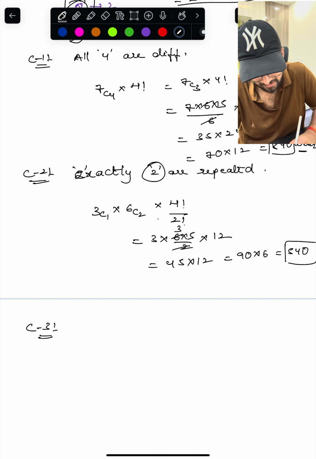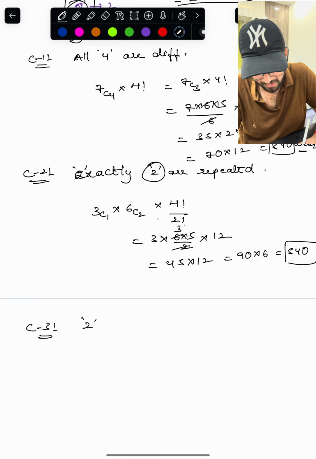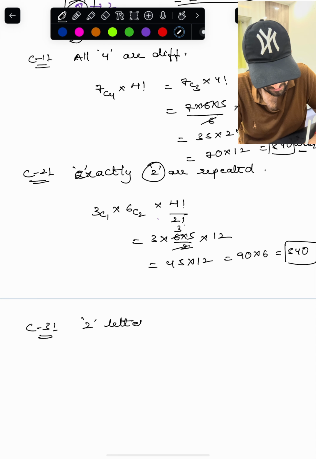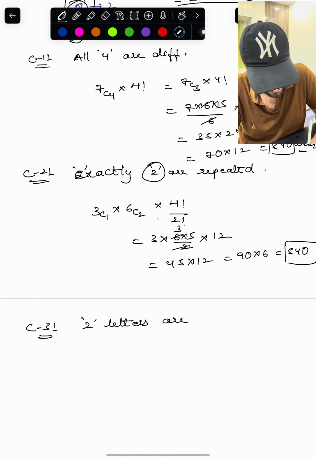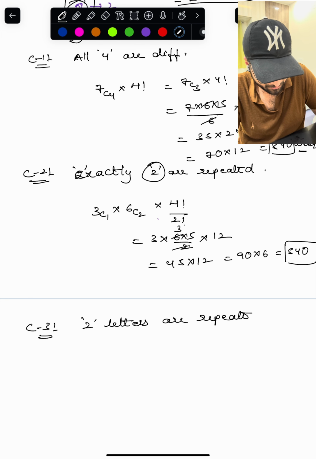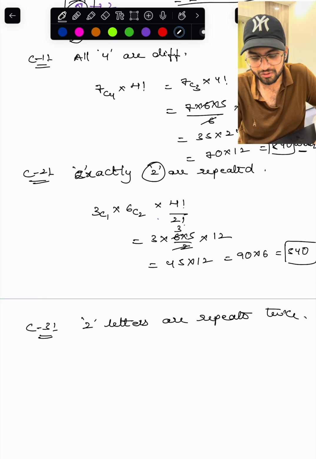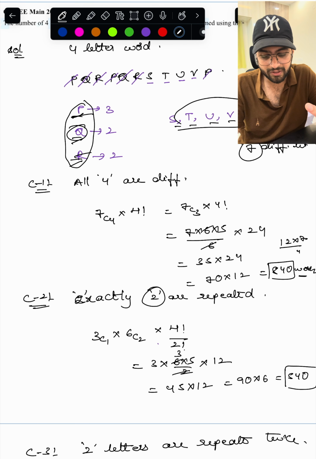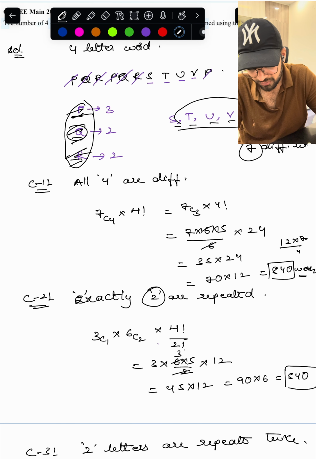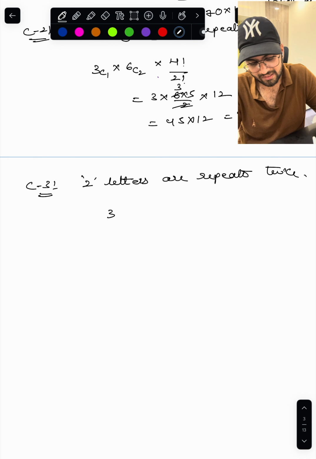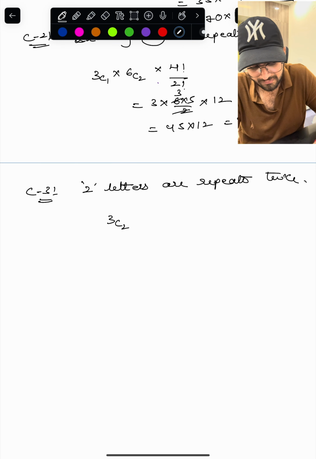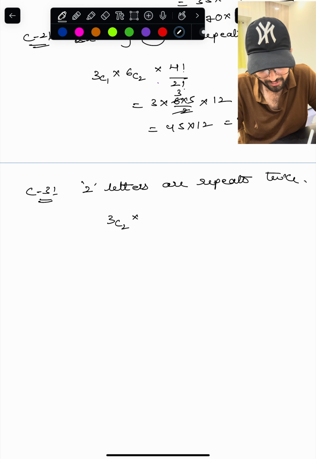Next, case 3. What is case 3? 2 letters are repeated twice. That means you need to select 2 letters which will be repeated twice. So out of these P, Q, R, I can select any 2 of them, 3C2.